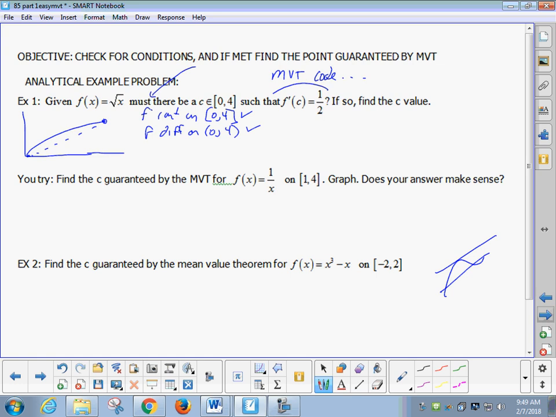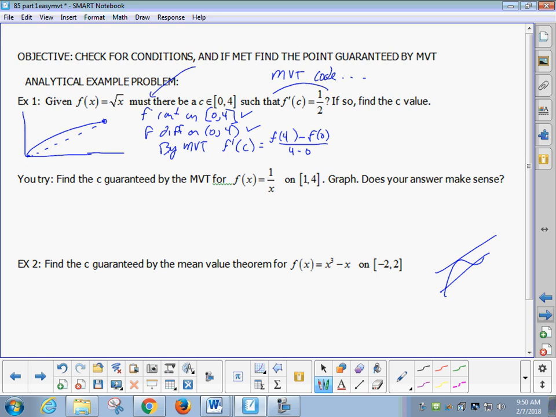Actually I would start by saying, by MBT, that really answers the must there be a place. Yeah, there must be a place. By the MBT, where f prime at c equals, now I normally say f at b minus f at a generally, but in this case, I'm going to use the actual interval, f at 4 minus f at 0.